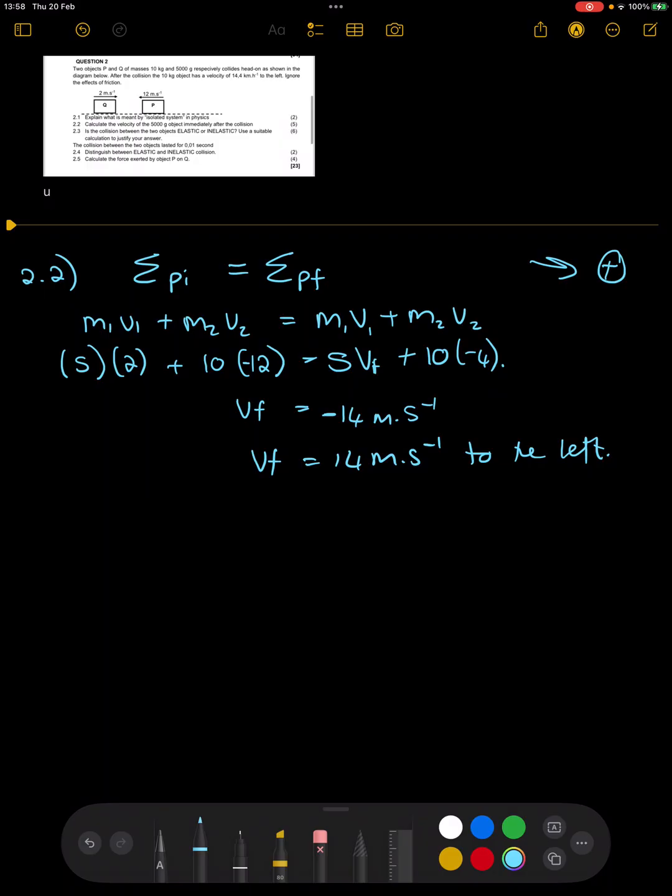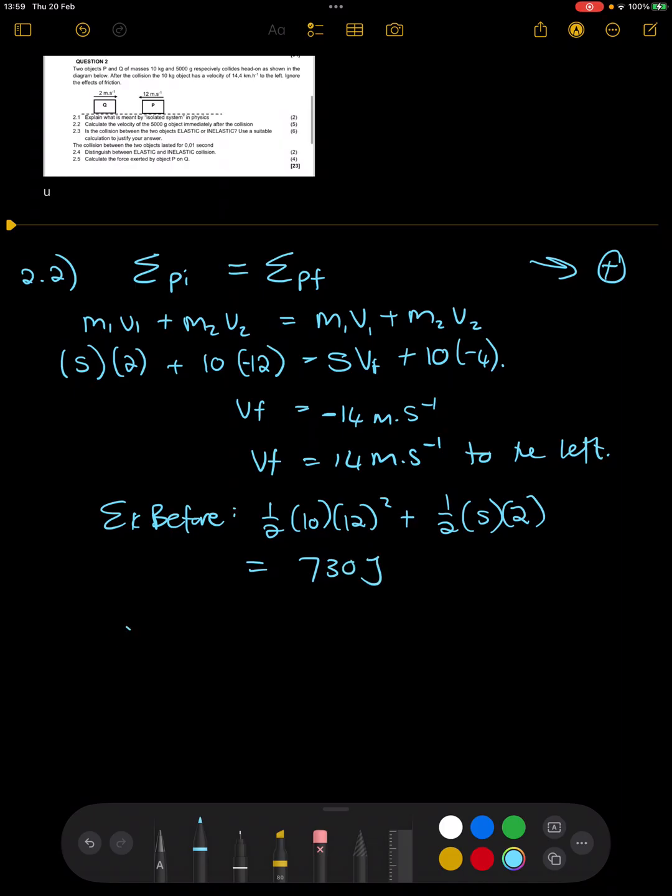So let's quickly find out the kinetic energy before, and then the kinetic energy afterwards.